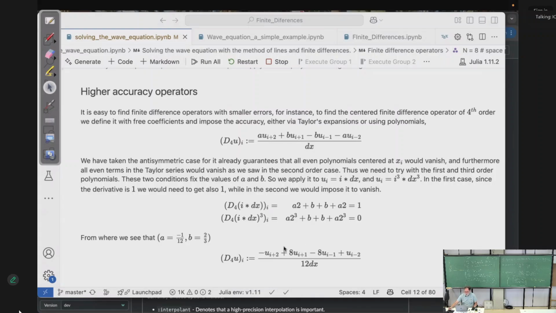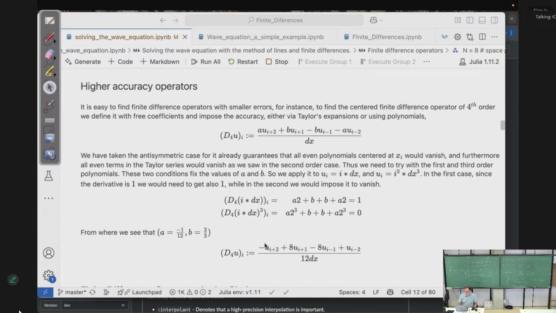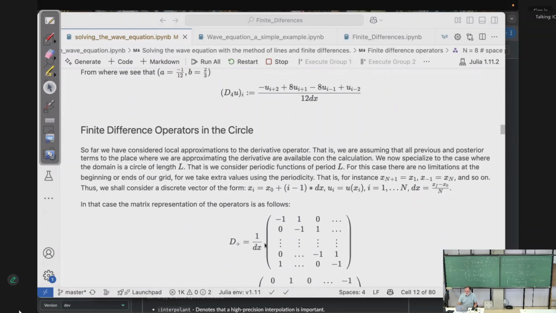And then you see that with these two equations you get the coefficients, and this is the fourth order derivative.